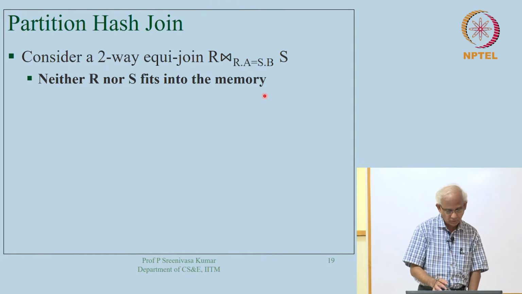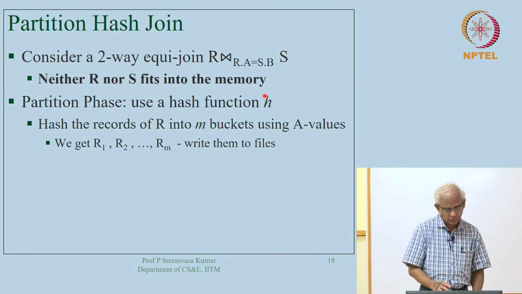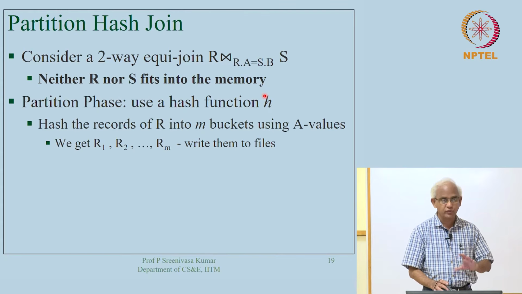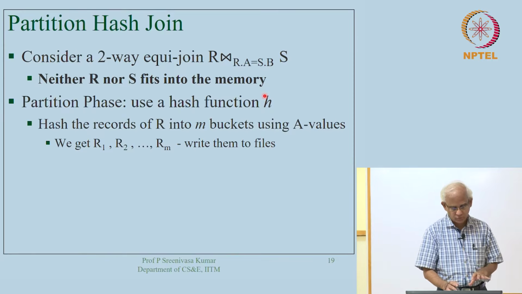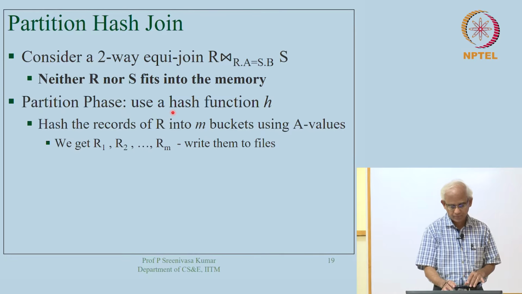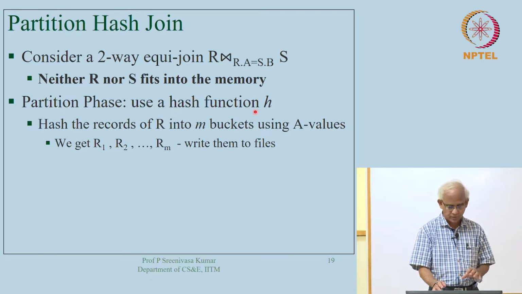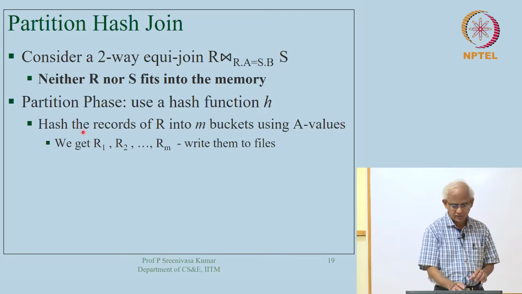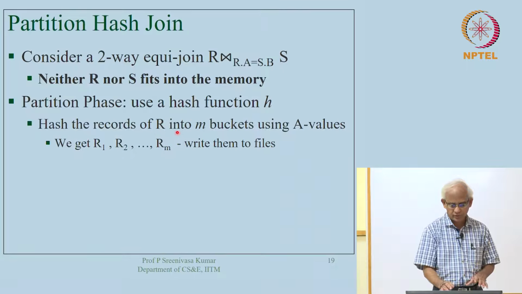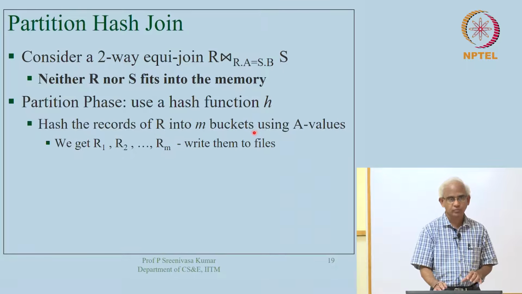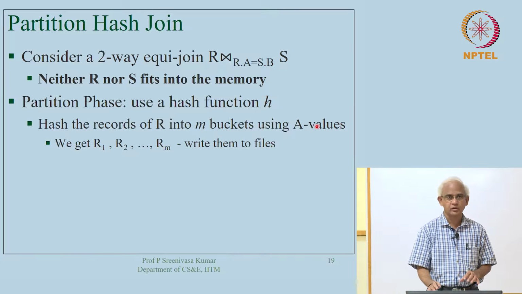Now, we will do it in two phases. We will have a partition phase and a probe phase. In the partition phase, what we will do is choose a hash function h appropriately and then hash the records of R into some m number of buckets using these A values.